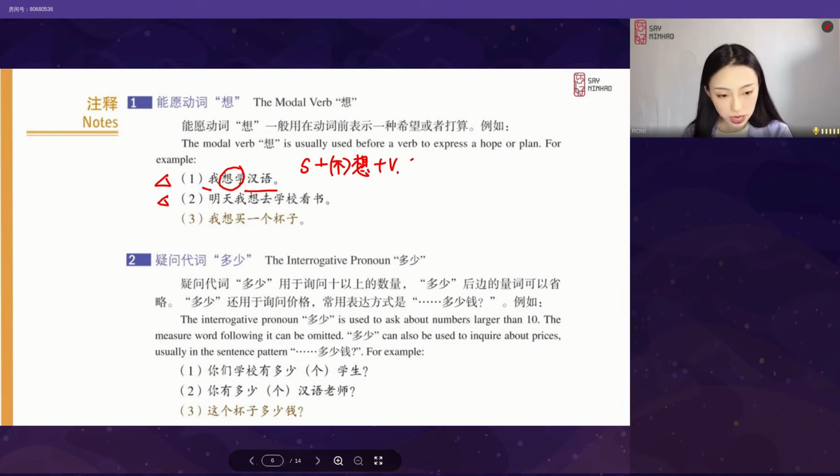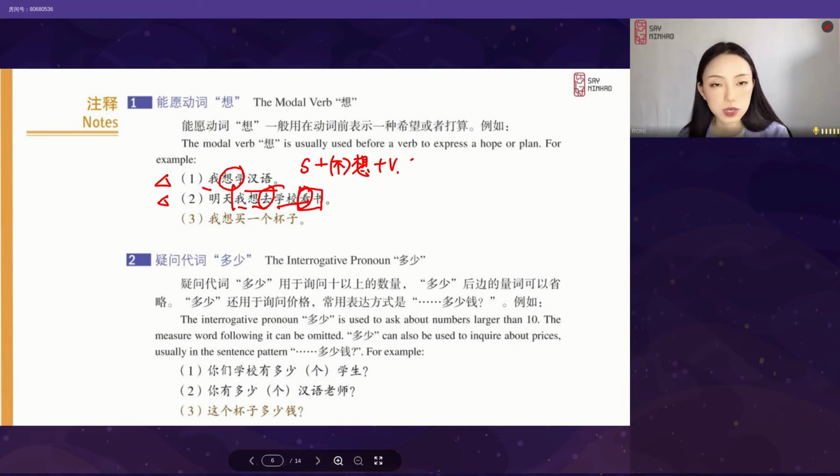明天我想去学校看书. Tomorrow, 明天, I want to go to school. 想去学校, want to go to school. 想去学校看书, to do something. And in this sentence, we can see there is 去 plus 看. There are verbs in series.